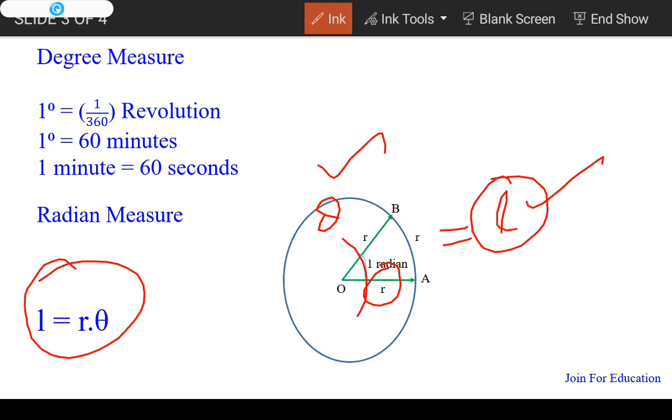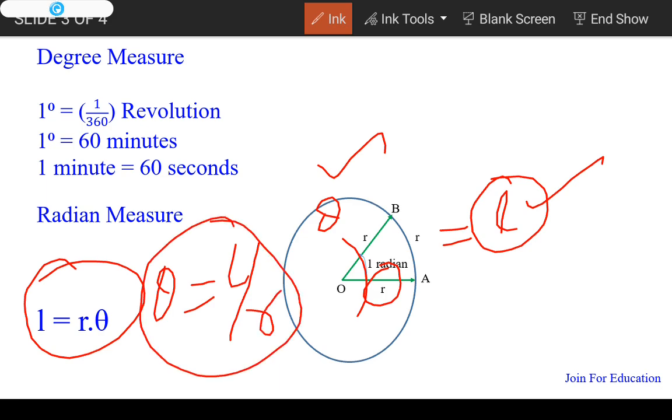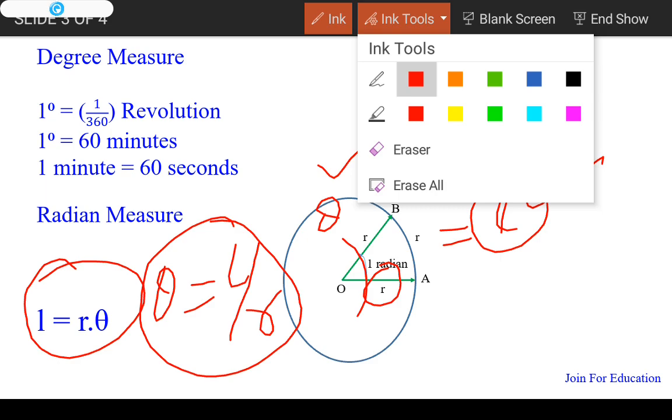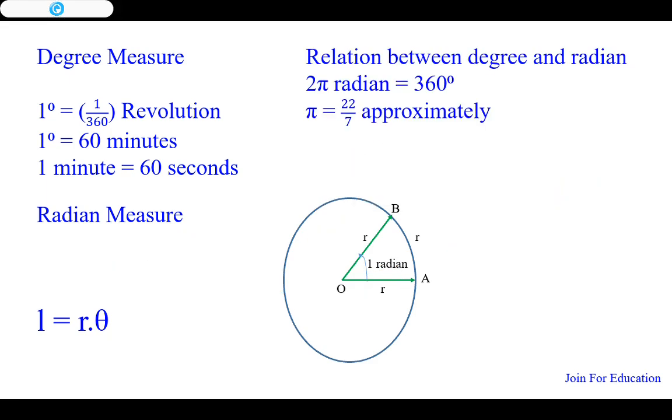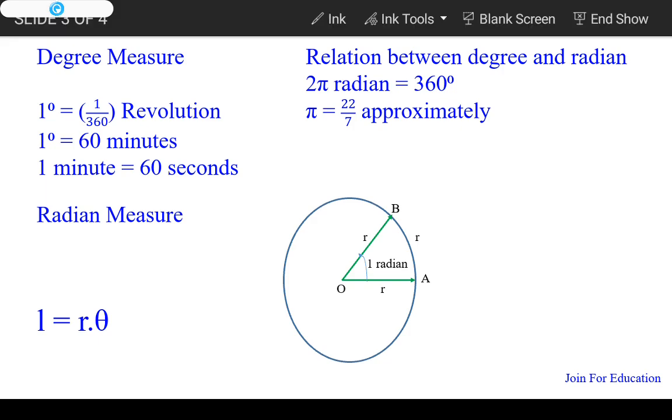Therefore L equals R into theta, therefore theta equals L by R. Relation between degree and radian: 2 pi radian equals 360 degree. Relation between real number and radian: pi is approximately 22 by 7.